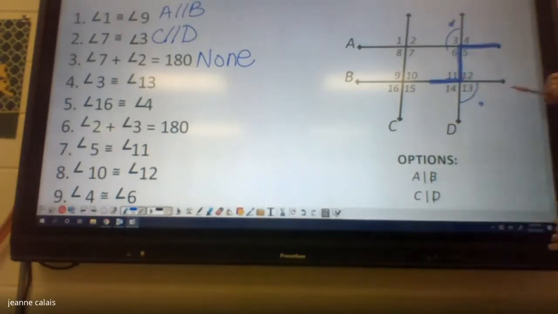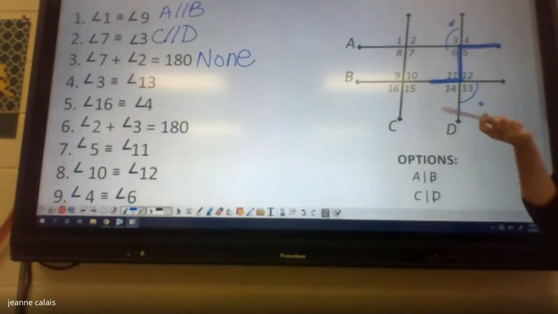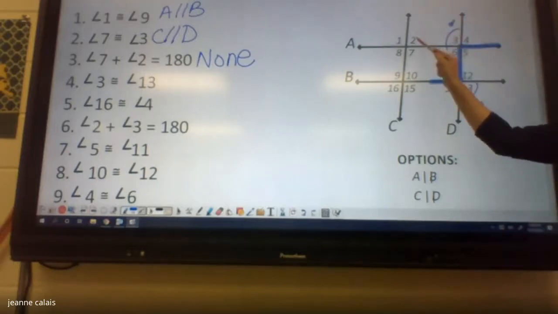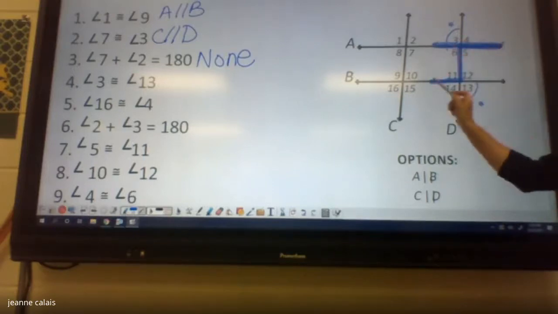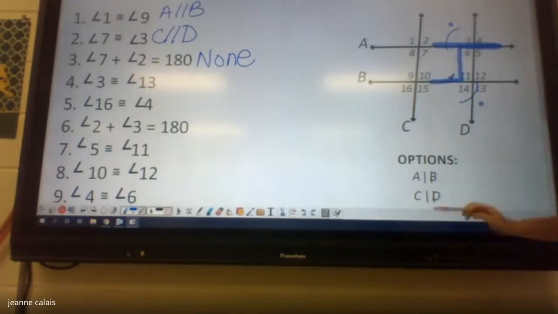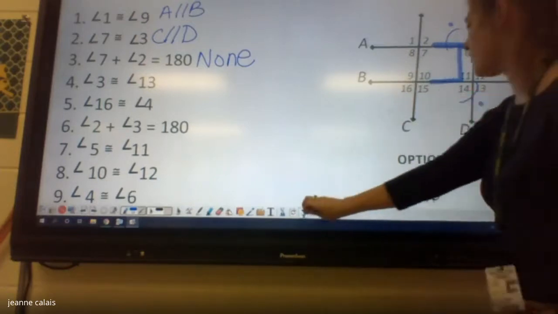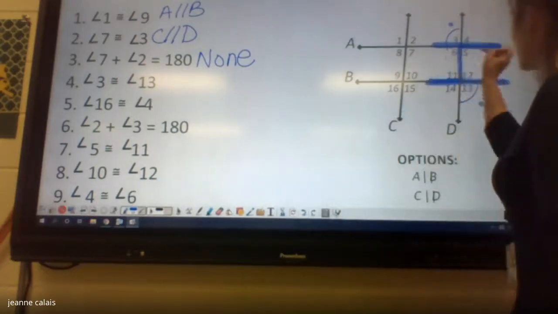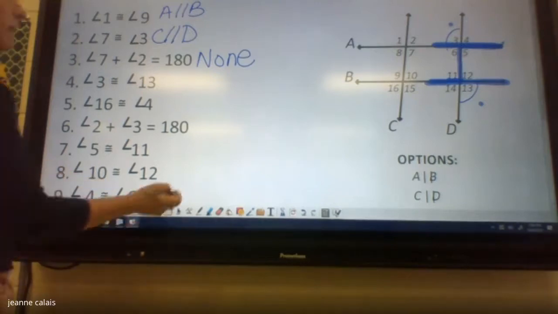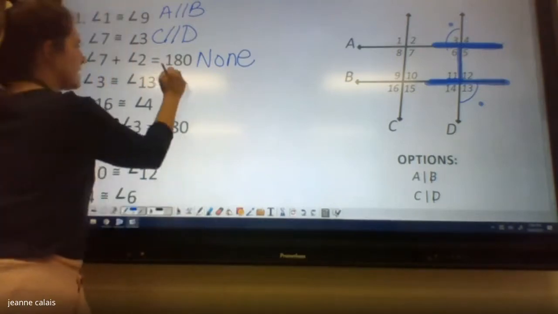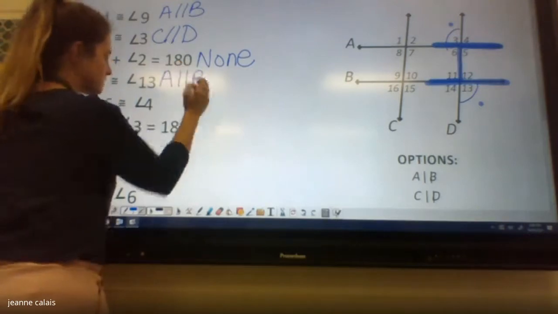So that's alternate exterior. And you might be saying, but Ms. Colley, 3 is inside. But is 3 inside the two lines that are parallel? No, it is not. So therefore, that is why it's alternate exterior, and that is A parallel to B.